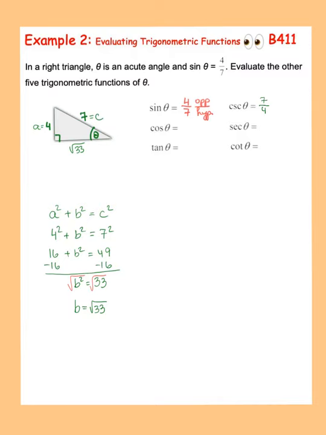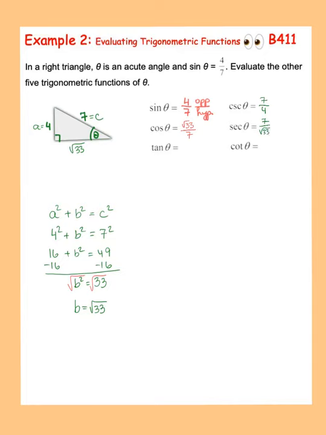So now let's move to cosine. Cosine is the adjacent side to theta, which is the square root of 33, divided by the hypotenuse, which is 7. We know that the reciprocal function is going to be secant, so that's 7 over the square root of 33.